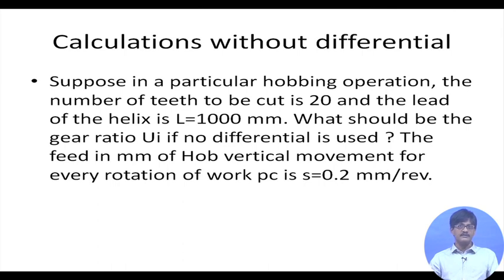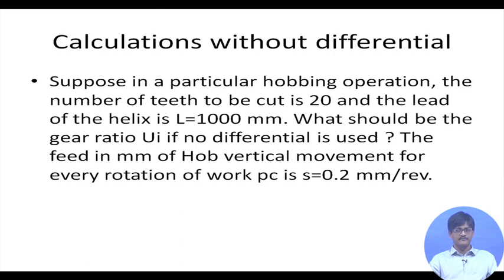That is, why is the differential becoming absolutely essential for the gear hobbing machine? Suppose in a particular hobbing operation, the number of teeth to be cut is 20 and the lead of the helix is 1000 millimeters. What should be the gear ratio UI if no differential is used? The feed in millimeters of hob vertical movement for every rotation of the workpiece is S equal to 0.2 millimeters per revolution.